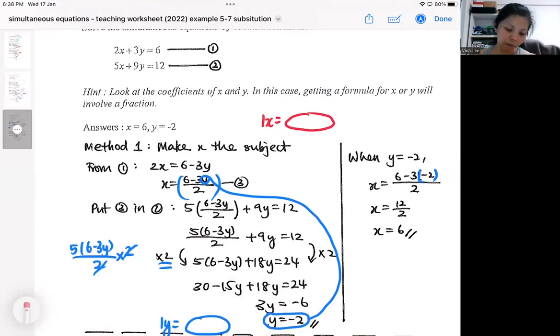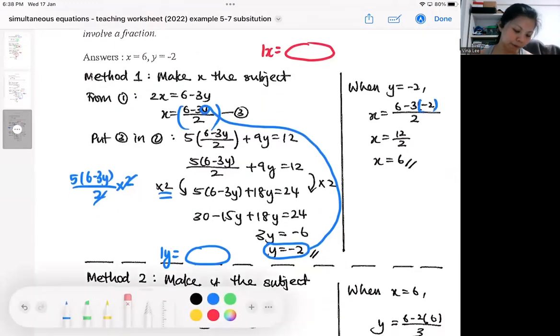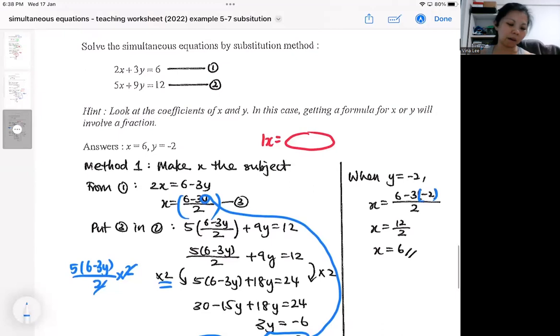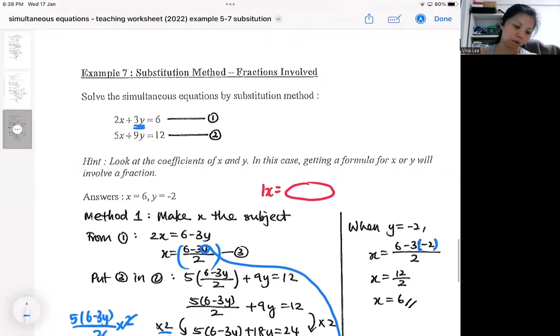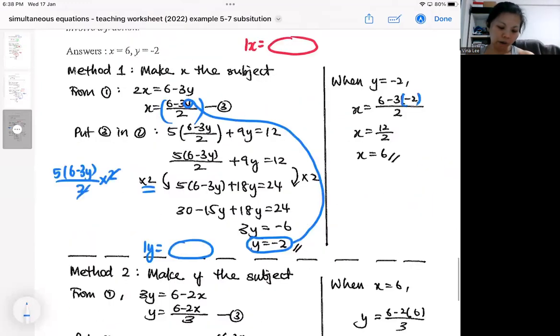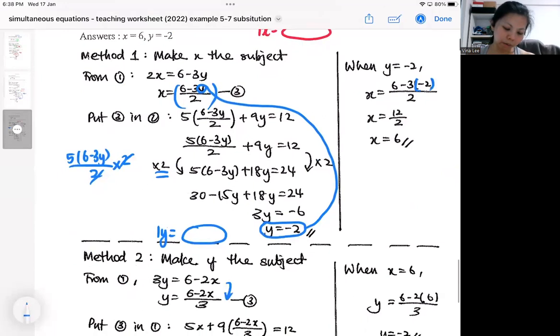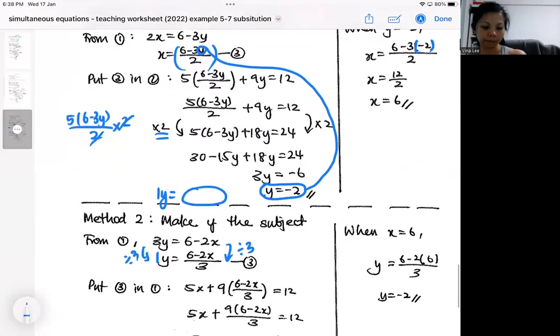I prefer the 3y because if you ask me to choose between 3y and 9y, of course I'll choose the smaller number. So I'm going to get my 1y from here, from equation number 1. So I shift this over. After I shift this over, I divide by 3 on both sides. So I will get a formula for 1y.